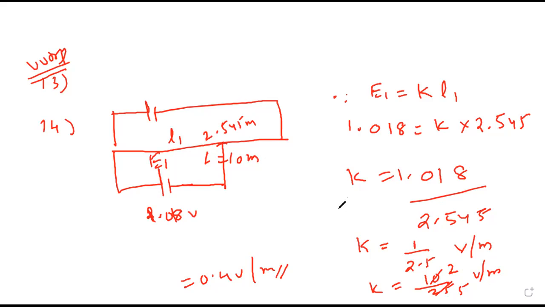Done? 14? Okay, 15th one. See, other than balance given, I will call that cell as E in potentiometer. Sum number 15.